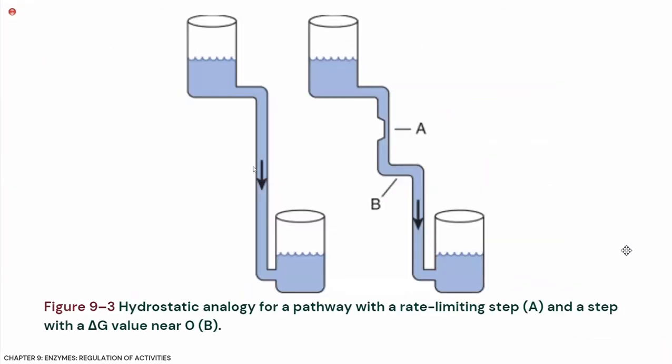This is just an analogy. And this one is, as you can see, the water from this higher elevation goes to a lower elevation like this, unimpeded because there's nothing there. Well, this one, there's an impediment.